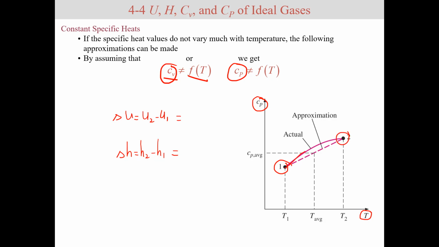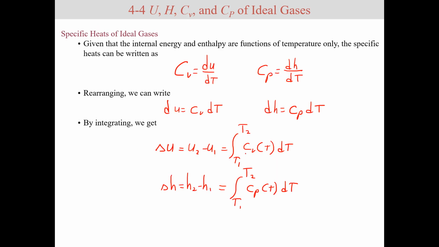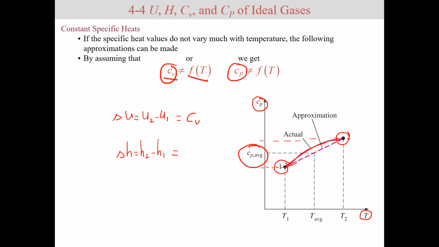This is how the specific heat might vary between 1 and 2, but what I'm going to do is just go ahead and take the specific heat at T1, the specific heat at T2, and come up with an average. And since, if I go back to the integral and assume this to be constant, the result ends up being Cv times the change in temperature.